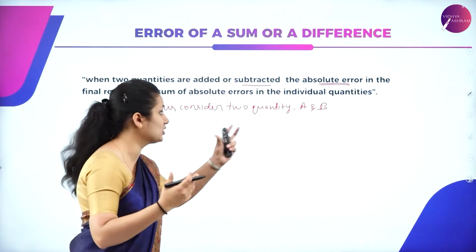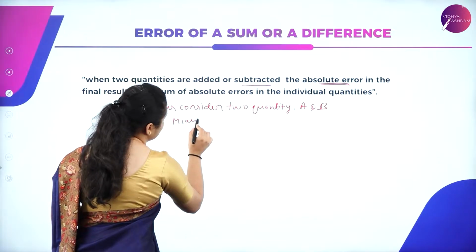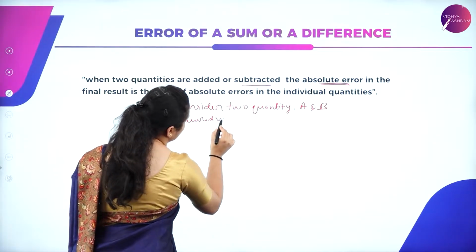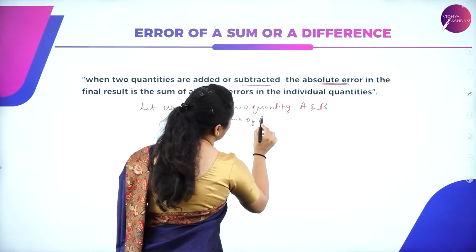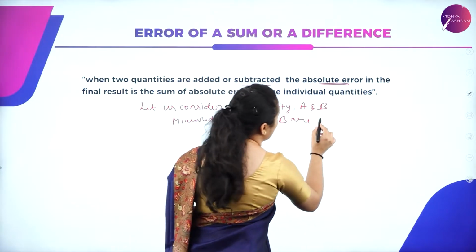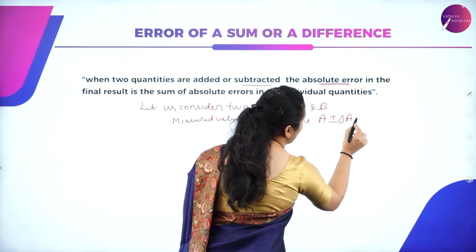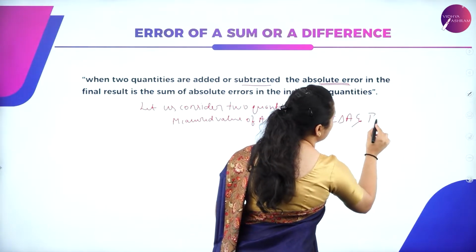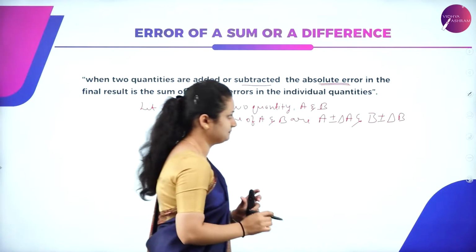The measured values of A and B are A plus or minus delta A and B plus or minus delta B.